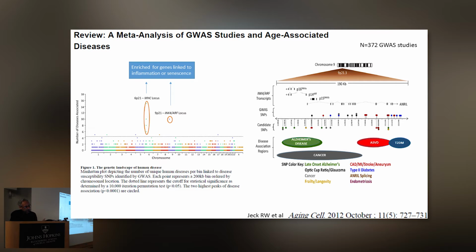And very interestingly, when they did the meta-analysis, 2 hotspots turned up, which are enriched for genes linked to inflammation or senescence. If you look more closely at one of these, for example, the 9p21 locus, there are a lot of genes very close to each other with hotspots for diseases such as Alzheimer's disease, cancer, atherosclerotic vascular disease, and type 2 diabetes.